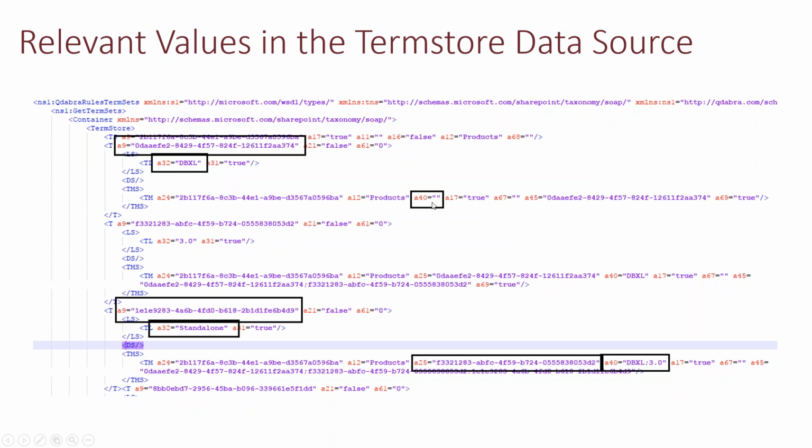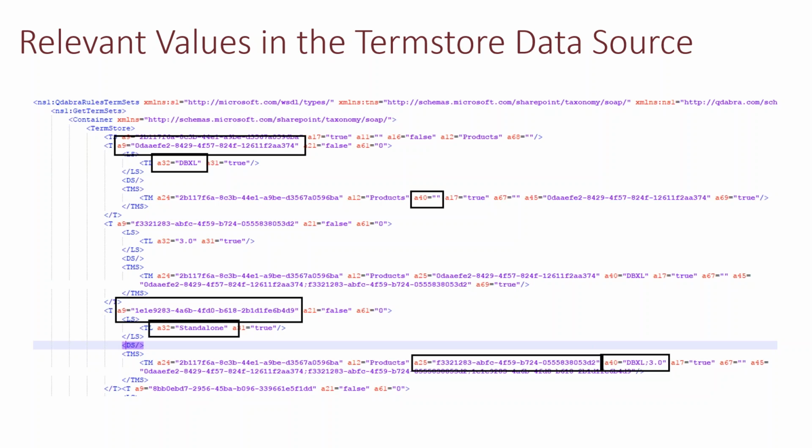A40 is basically a path up to that tag. So we can see down here, this standalone is the DBXL 3.0 standalone tag. So going down through the hierarchy, you'd go DBXL 3.0, and then this one would be standalone, three levels down. And again, there's its ID in A9, and A25 is the ID of its parent.